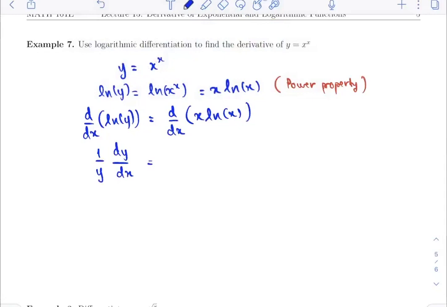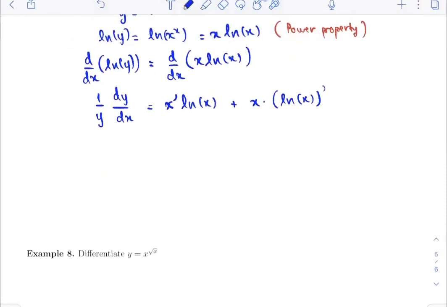The right-hand side is a product, so you need to apply the product rule. That is the derivative of x times ln of x, plus x times the derivative of ln of x.